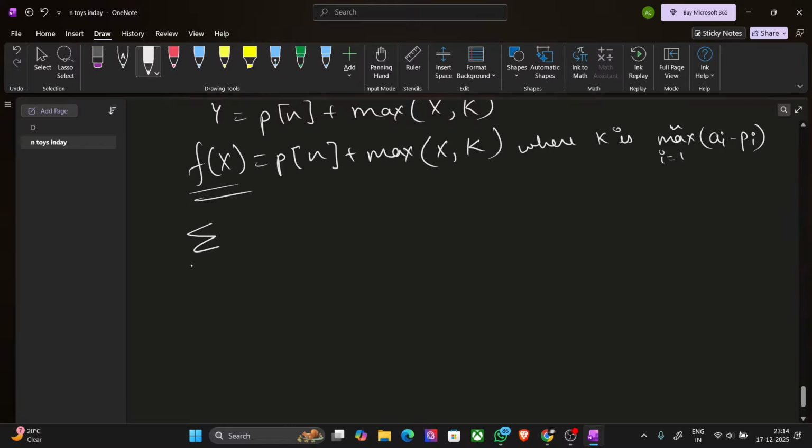Now how will I find the summation of i equal to 1 to m of fi, which is f1 plus f2 up to fm?